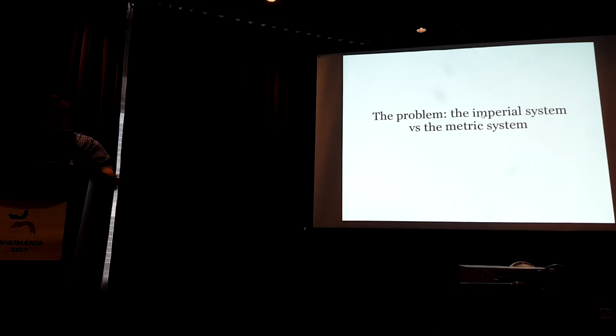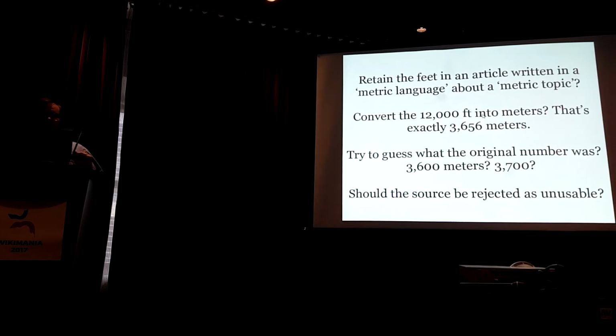And the article, which is written in what I would call a metric language, needs to state the technical data also in metric values and not in imperial values, or at least provide both of them. The problem is, in that case, what kind of number should be assigned to that 12,000 feet where the aircraft starts to experience technical difficulties?